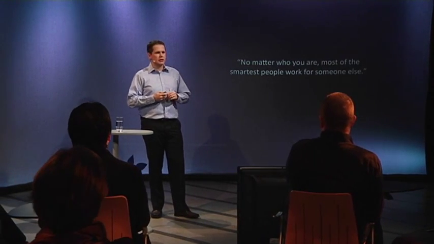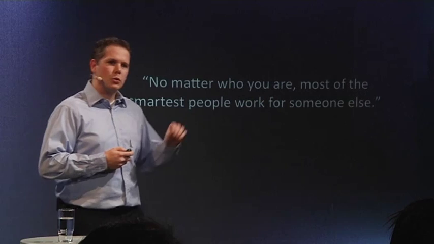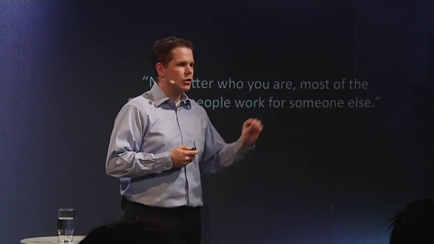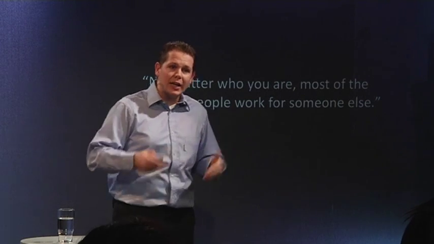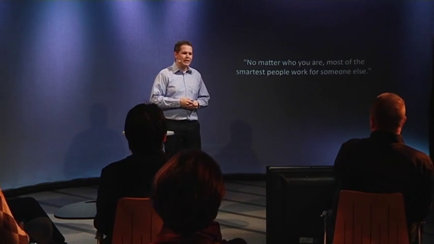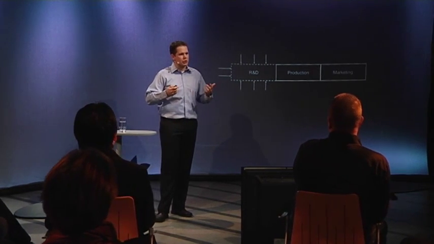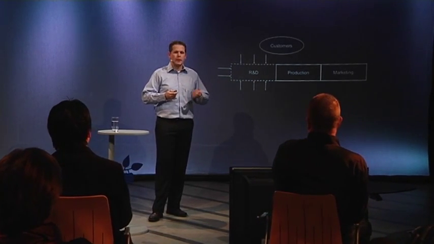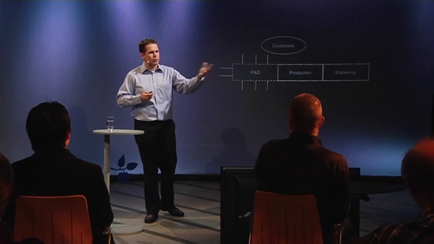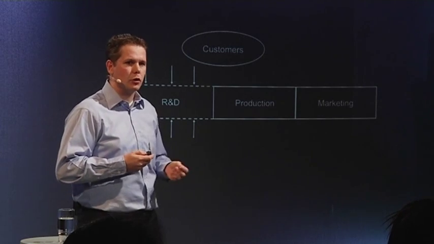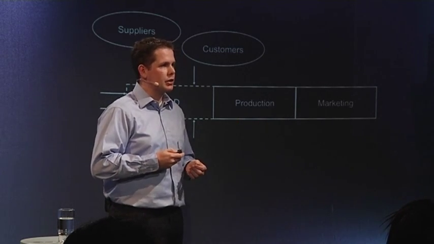The point here is that, as sometimes indicated, firms need to realize that no matter who they are, most of the smartest people in the world are actually not working for them. So they need to open up their R&D boundaries for different sources of innovative knowledge. So they may look for knowledge coming from customers, as I tried to indicate before, also from suppliers.